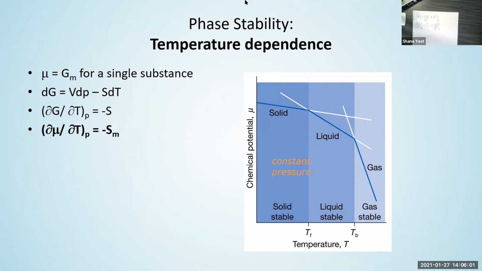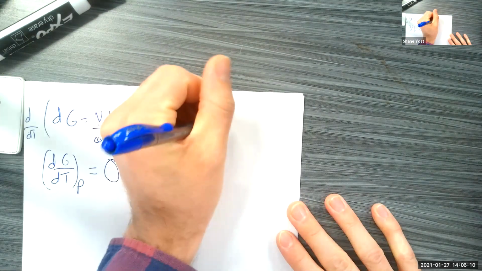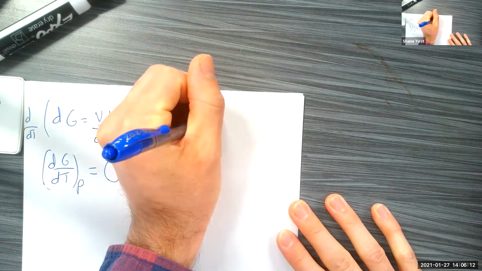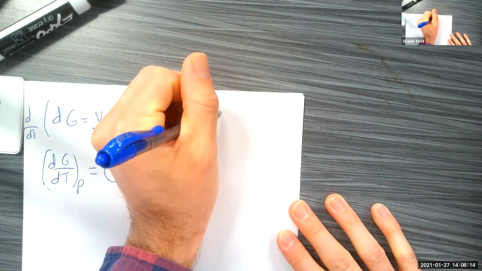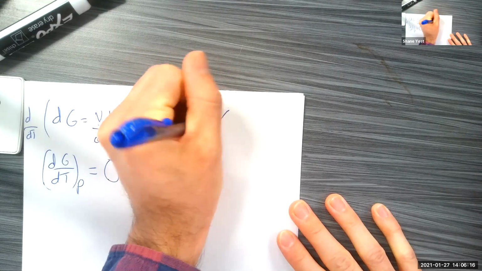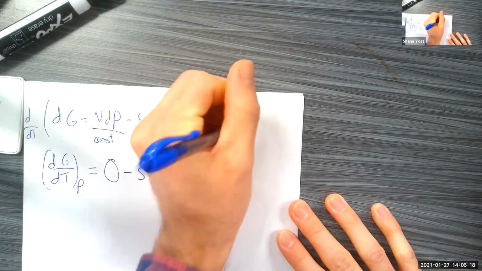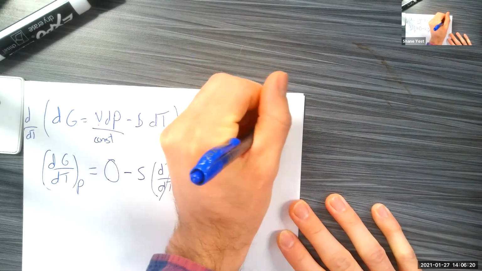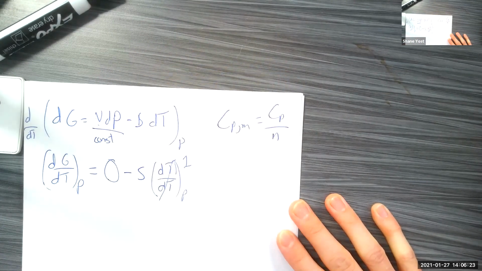Right, we talked about this last time. I forget where I used it, but oh yeah, when talking about heat capacity, CPM was the heat capacity under constant pressure divided by the number of moles.